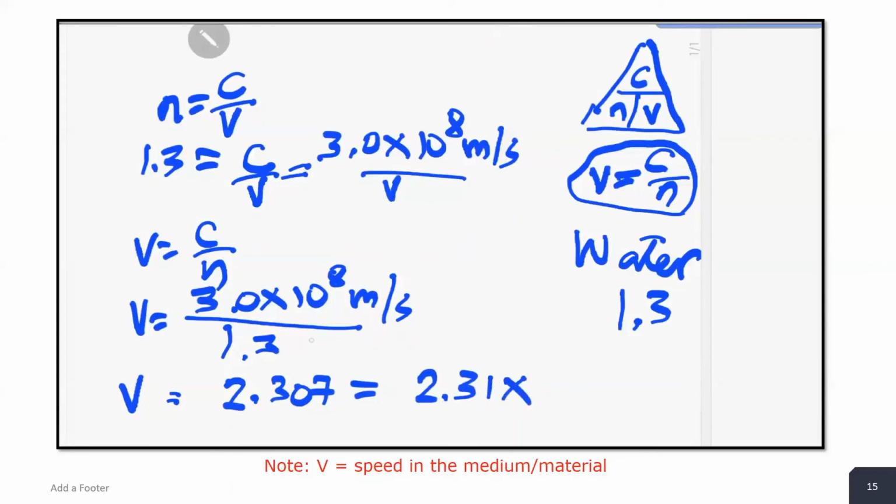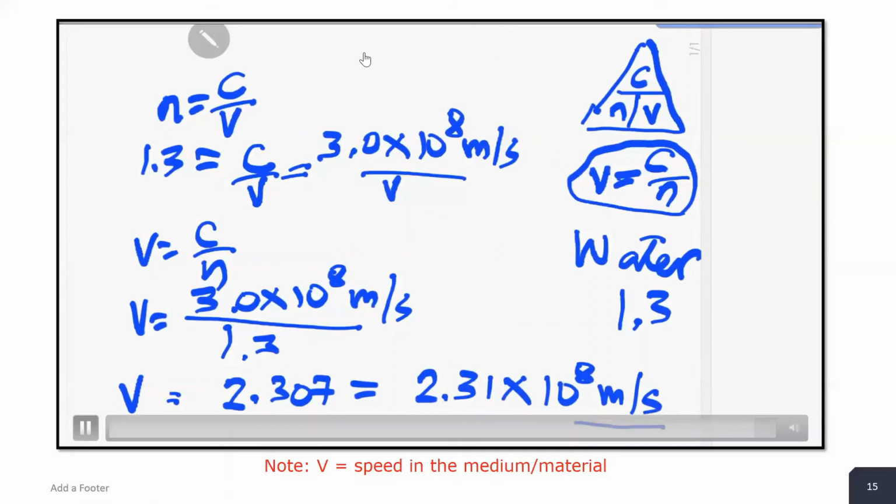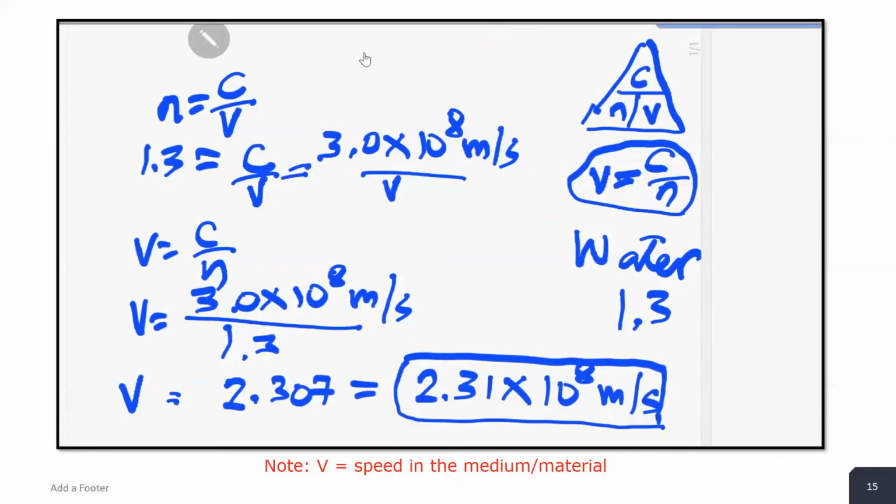Since 1.3 has no units, we will have 2.31 × 10^8 meters per second. This is the value of the speed of light in water.